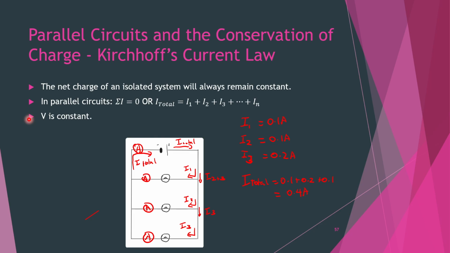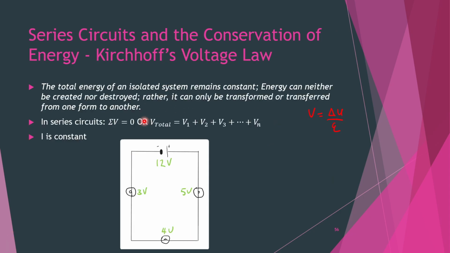A couple of other things to quickly note as well. First off, this is probably the form or equation I would recommend that you use, that the total current, or in the case of Kirchhoff's voltage law, the total voltage in a series or parallel circuit, depending on which law you're using, is going to be the sum of the currents or voltages for all of the components or all of the pathways in the circuit.